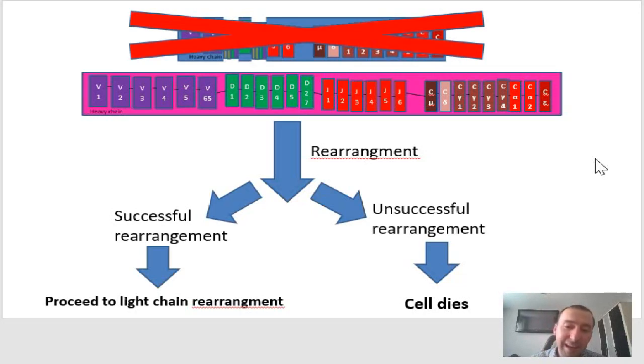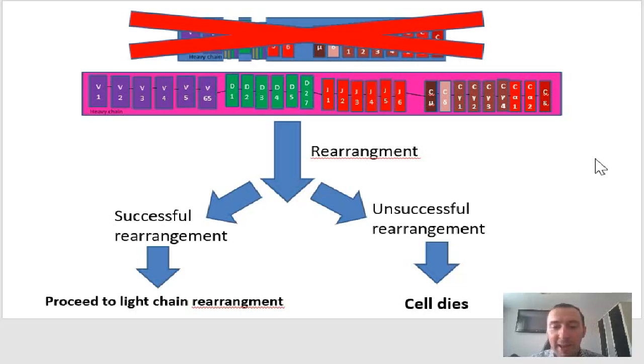And it undergoes the same process of D to J and then V to DJ rearrangement, junctional diversity. And if it rearranges that gene, checks it, attaches it to surrogate light chain, checks it to see if the rearrangement has been successful. If the rearrangement has been successful, then the mother's copy of the gene will be used, and it will then subsequently proceed to light chain rearrangement.